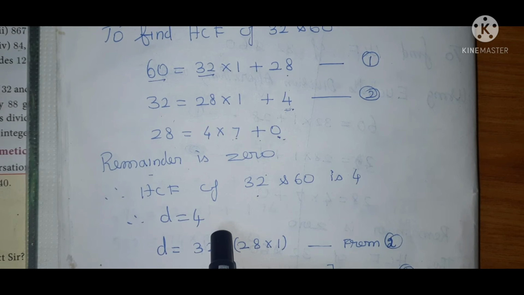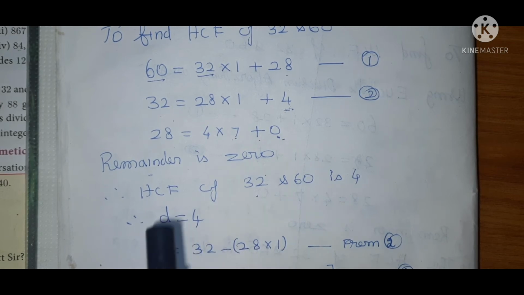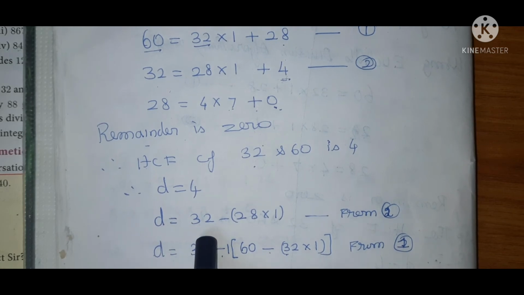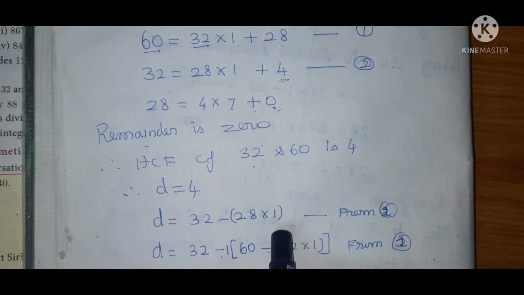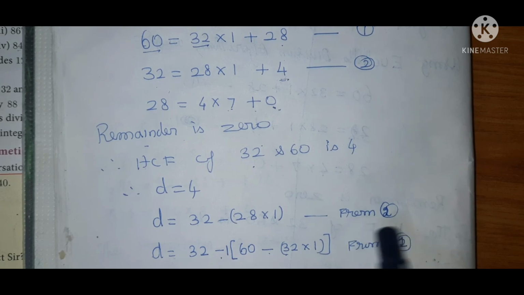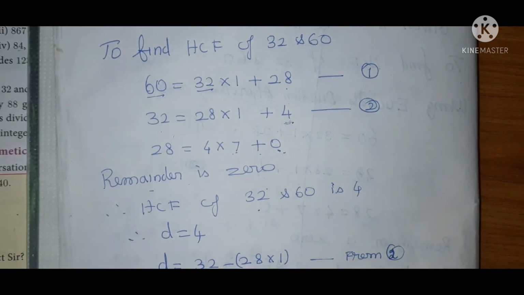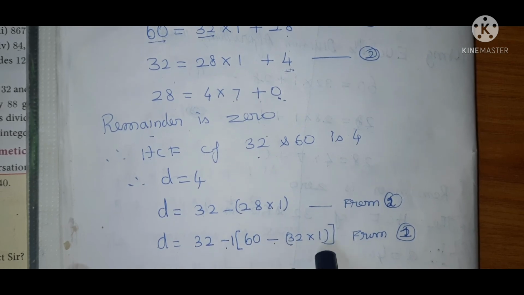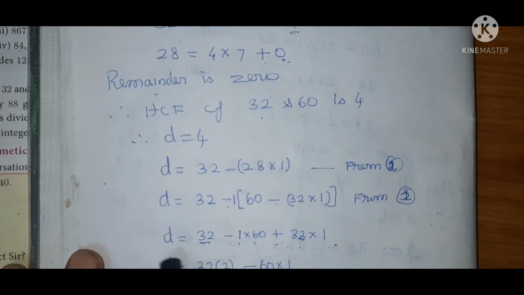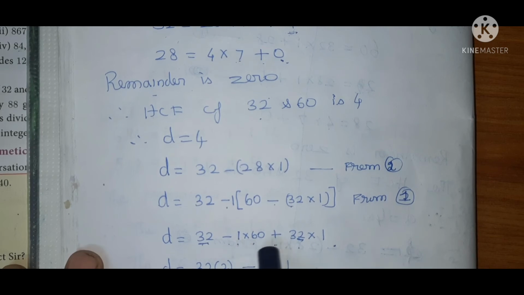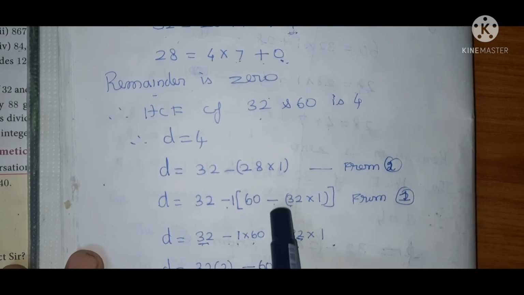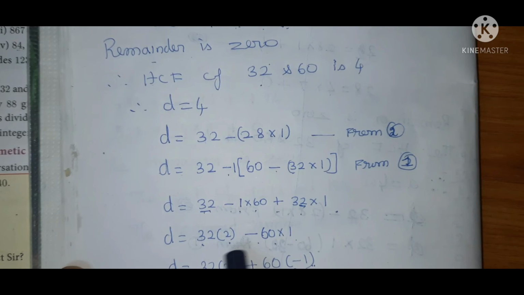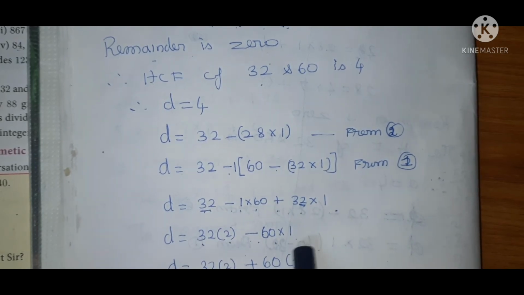Here D is 4. Given D is 32x plus 60y. D is equal to 32 minus 28 into 1, from equation 2. D is equal to 32 minus 1 into (60 minus 32 into 1), from equation 1. D is equal to 32 minus 60 plus 32, which is 32 into 2 minus 60 into 1.